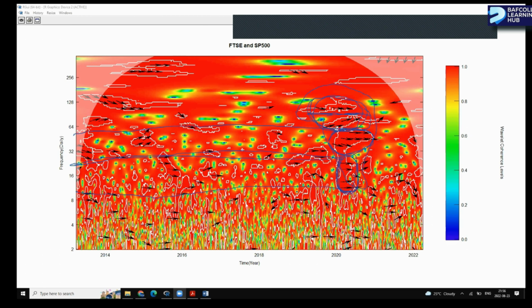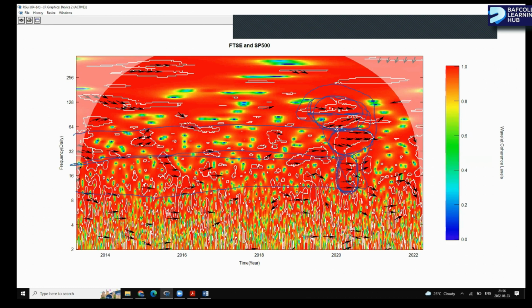Okay, so it's a tight contest, if you like. When we come here, it's clear that the FTSE is leading the S&P 500 in phase. When you come here, it switches. The FTSE is now lagging the S&P 500. But here in the long term, I do not see a phase difference. That's what I see. Okay.